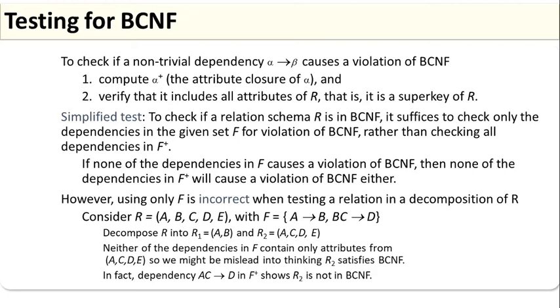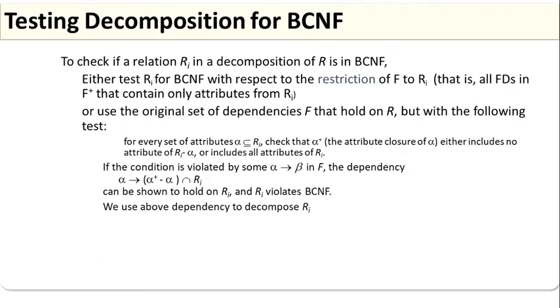However, using only F is incorrect when testing a relation in a decomposition of R. Consider the relation R consisting of A, B, C, D, E, and the functional dependencies A determines B, BC determines D. Then decomposing R into R1 says that neither dependency in F involves only attributes from ABCD, so we might be misled into thinking R1 satisfies BCNF. In fact, a dependency in F plus shows that R2 is not in BCNF.